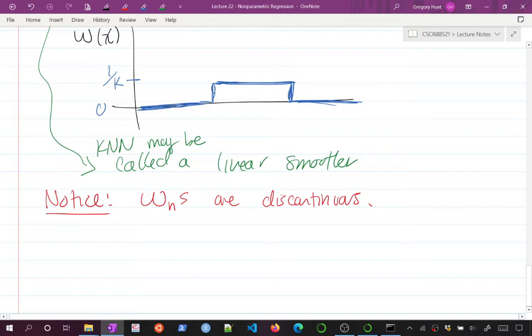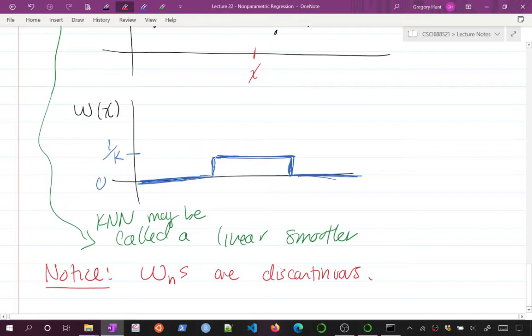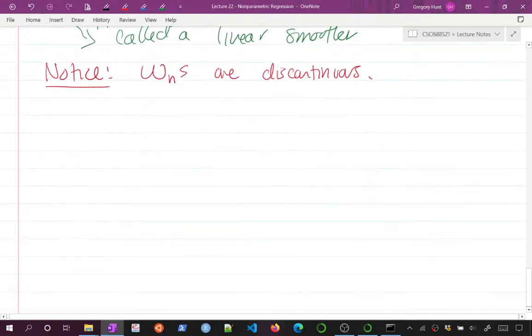As soon as my nth point gets out of the neighborhood of x, it's going to jump to 0. And so you have this kind of discontinuous smoothing. We can generalize this in a smoother way, because it seems like a weird thing to call it a smoother when it has this discontinuity in it.